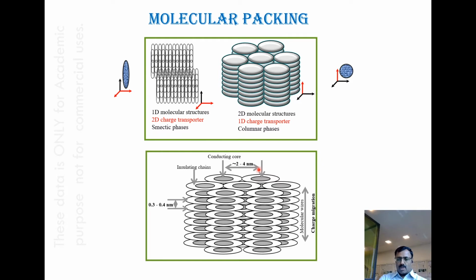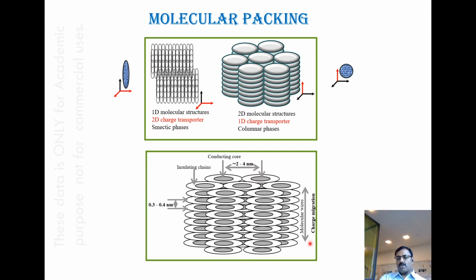The core distance from one core to another core is about 2 to 4 nanometers, whereas the core separation between two discs, about 0.3 to 0.4 nanometers, is reduced. These aliphatic chains work as insulating chains, and due to these aliphatic chains connected to the core, the mesophases are formed.